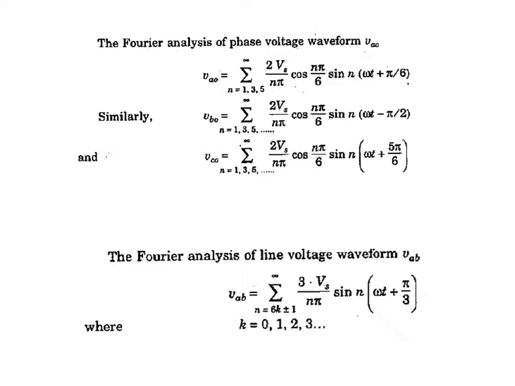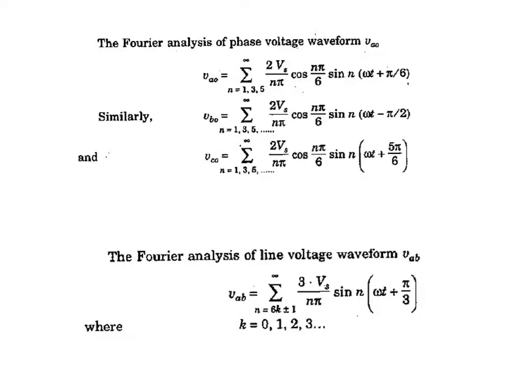Fourier analysis for the equivalent circuit shown in step 1, that is for neutral voltage Va0, is equal to summation n is equal to 1, 3, 5 to infinity 2 Vs divided by n pi cos n pi by 6 sin n omega t plus pi by 6.